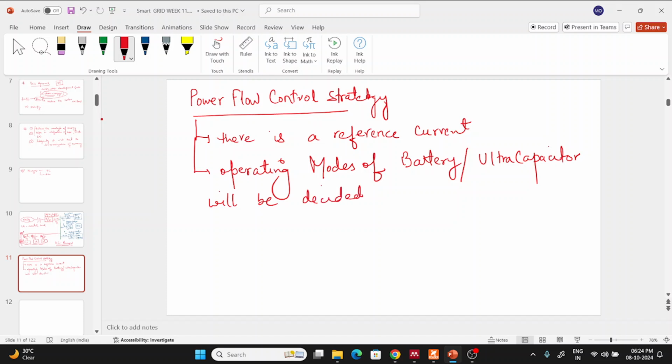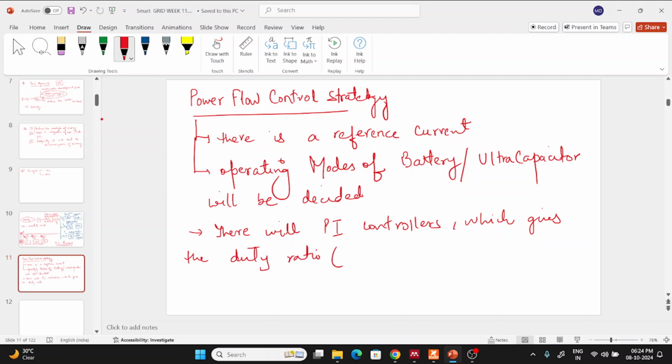So there will be PI controllers, which give the duty ratio of the converters which are connected to the battery and ultra capacitors.